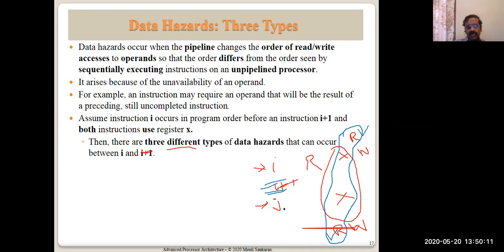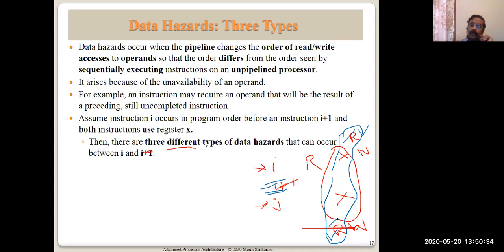I before or J after, or J before I, doesn't matter because it's all reading. So you will not get a hazard caused by two instructions wanting to read from the same register. They are performing a read operation only.